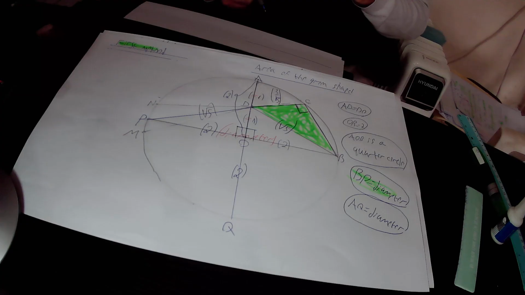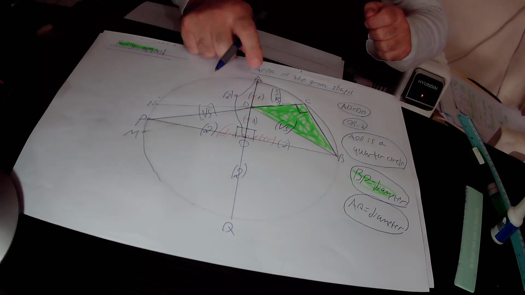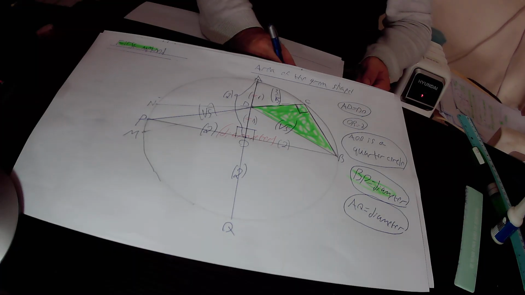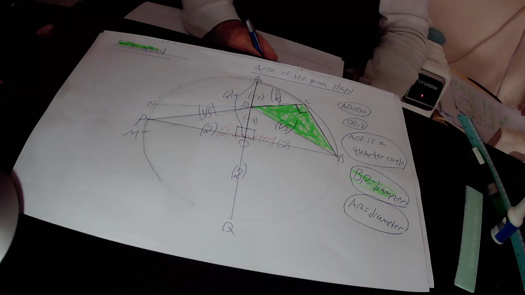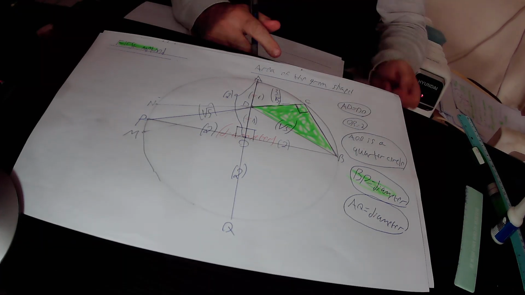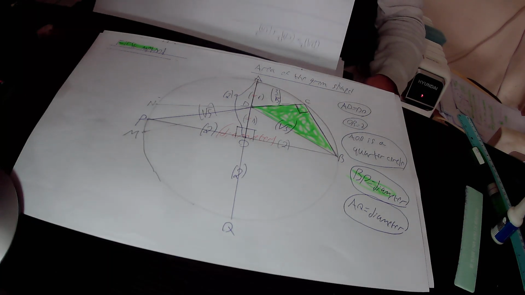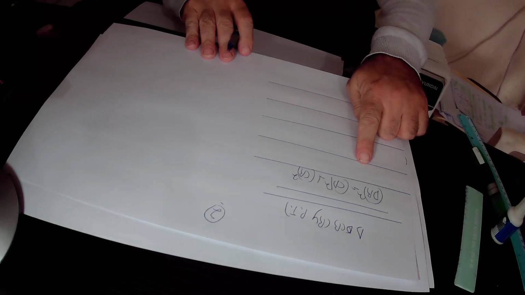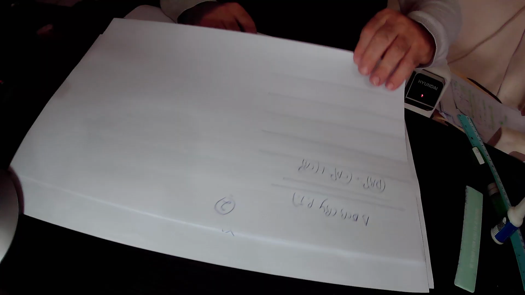According to the Pythagorean theorem, in this green right triangle DCB, DB squared, that is the square of the hypotenuse, is equal to CD squared plus CB squared. Again, in this right triangle DCB, DB squared, the square of the hypotenuse, equals CD squared plus CB squared.